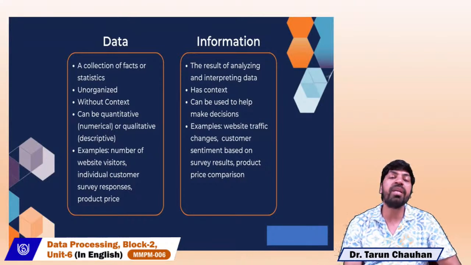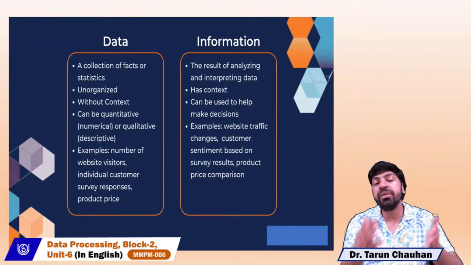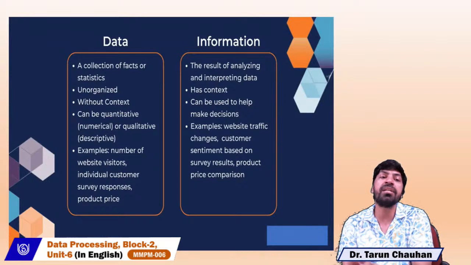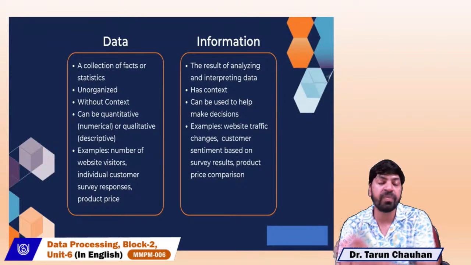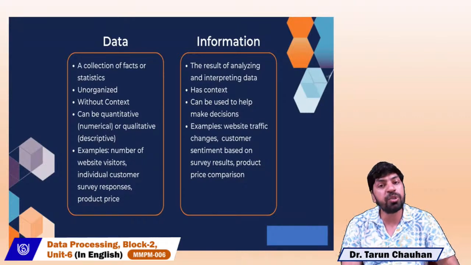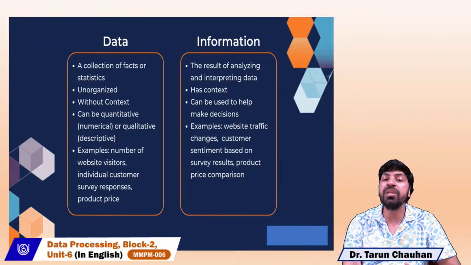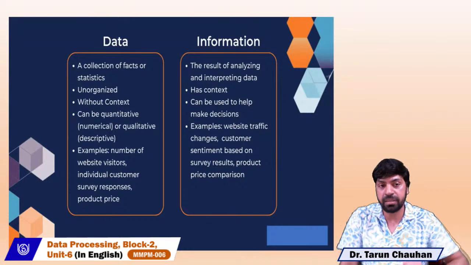The data is always called raw data. It is unorganized, and the researcher converts the unorganized data to an organized way. But the information is a conceptual description of the data which could be used for the results.